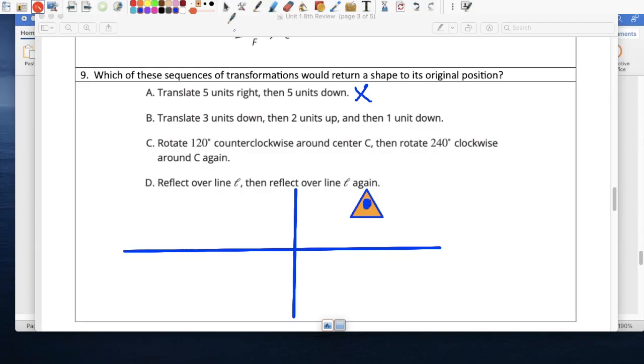That's where we're starting. So take this triangle and move it 3 down. 1, 2, 3. Move it 2 up. 1, 2, and then move it 1 down. Is it back to where it started? No, it's not.